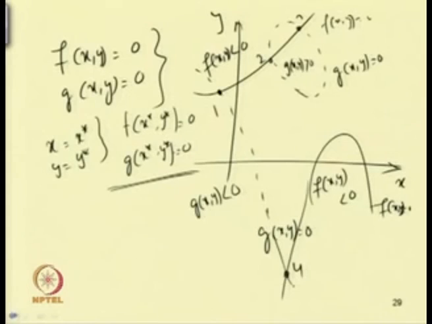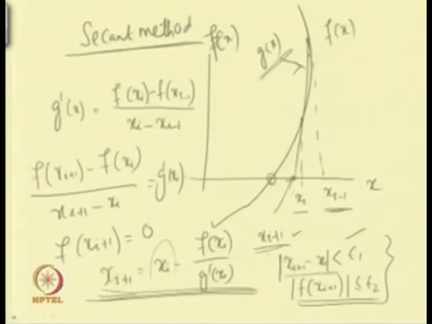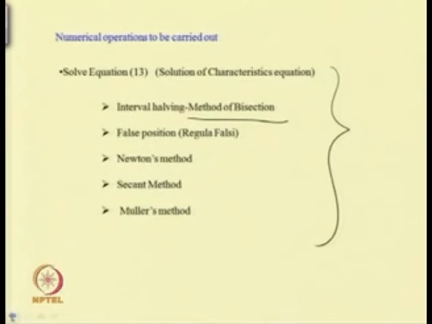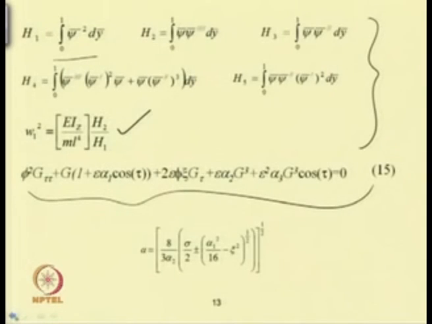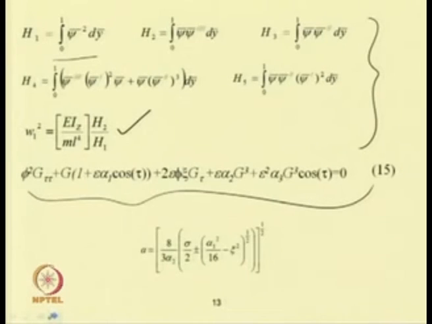So, after finding these characteristic equations, our next step is to numerically integrate. After finding this characteristic equation, we can substitute this beta L value in this equation to find the shape functions. After obtaining the shape functions, our objective is to integrate them.